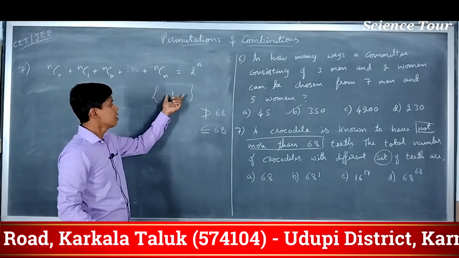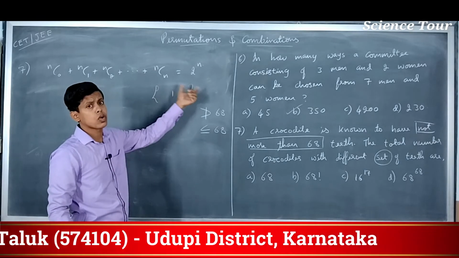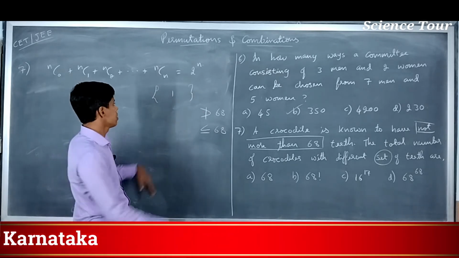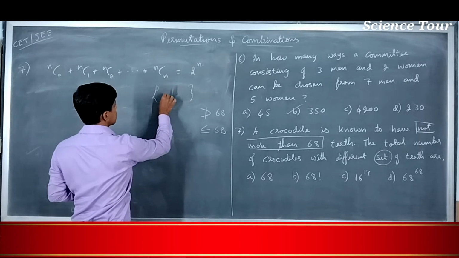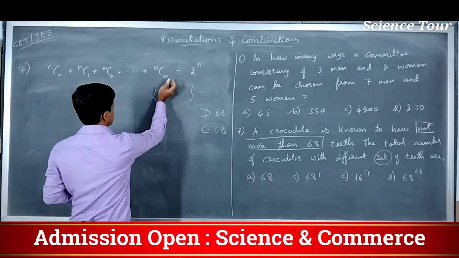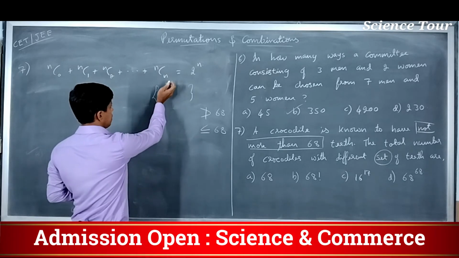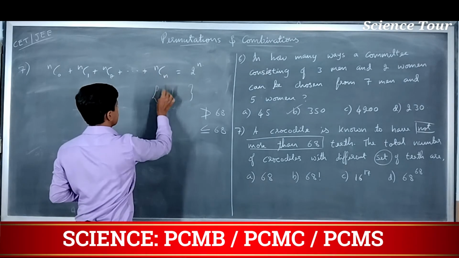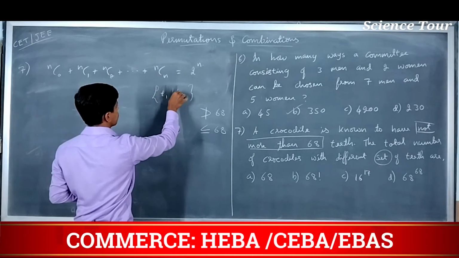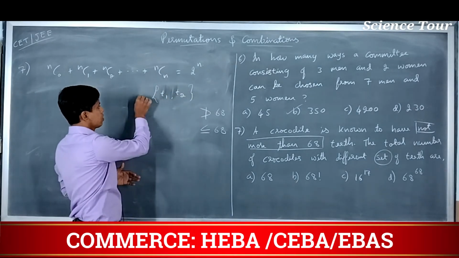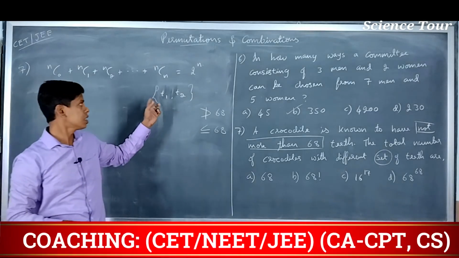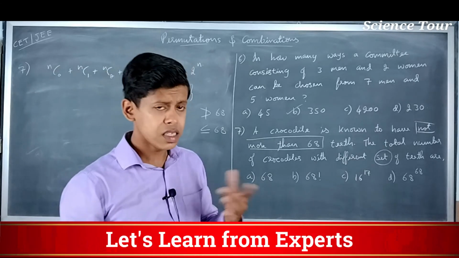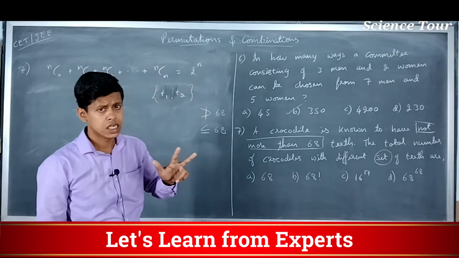There can be many crocodiles which have just one tooth. There can be many crocodiles which have two teeth. The number of teeth I'll take as T1 and T2. So this set has two teeth. There may be another set of crocodiles which has three teeth.